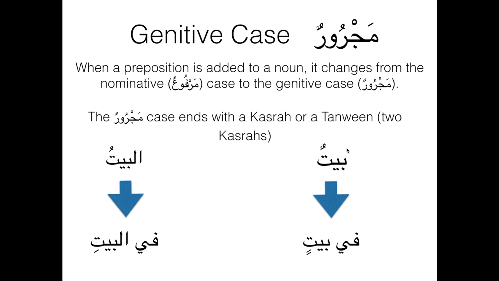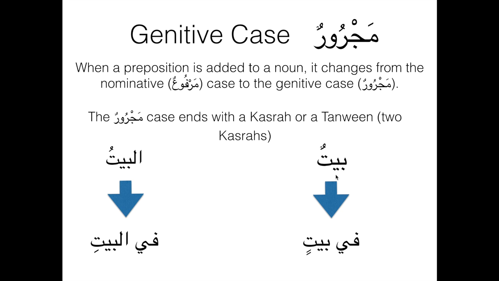We talked about al-baytun. Now we add the preposition fi. It becomes fi baytin. See now how the change happens? The end vowel has changed. Fi baytin. Al-baytu, fil bayti.